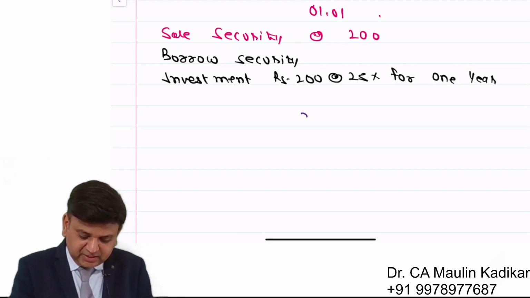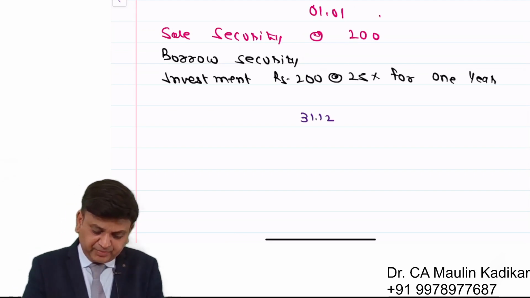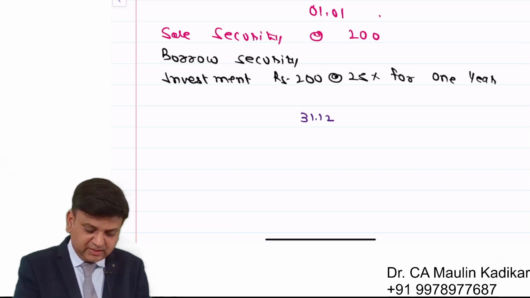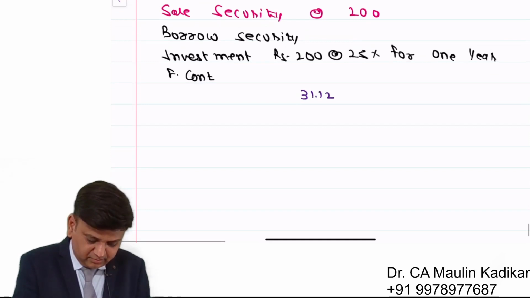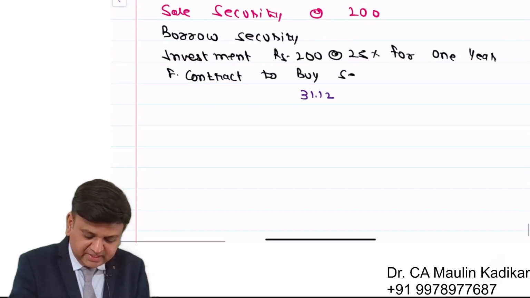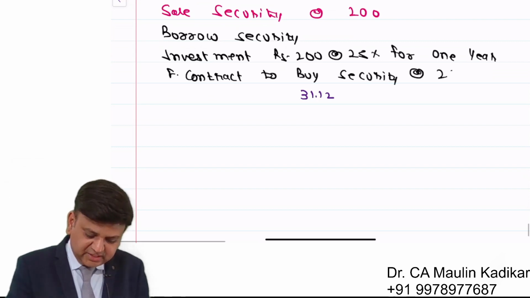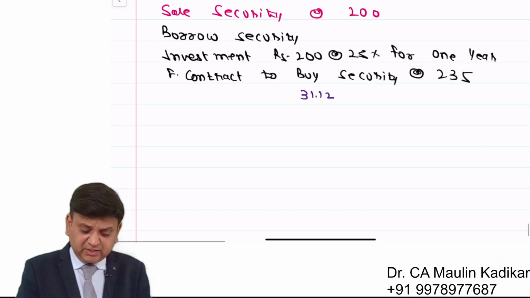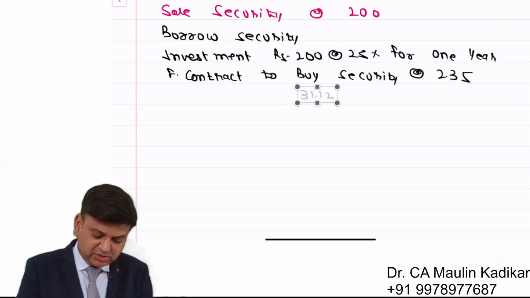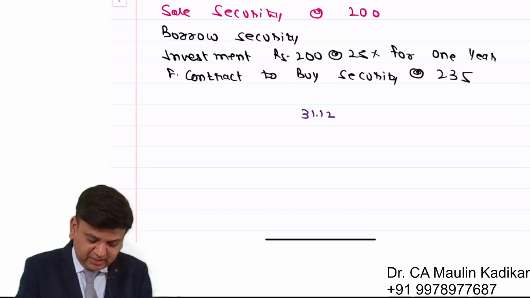Now what will happen at the end of the year? One more thing, you will enter into an F contract to buy security at the rate of 235. These are the 4 transactions in which you will enter. Now what will happen at the end of the year? You had borrowed security, so you have a liability to refund the security.